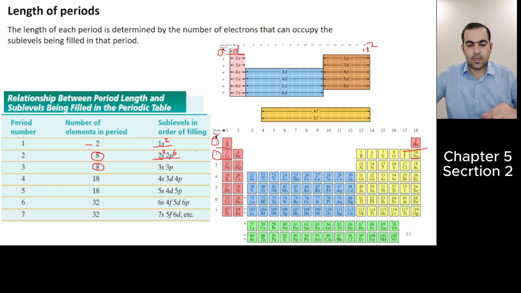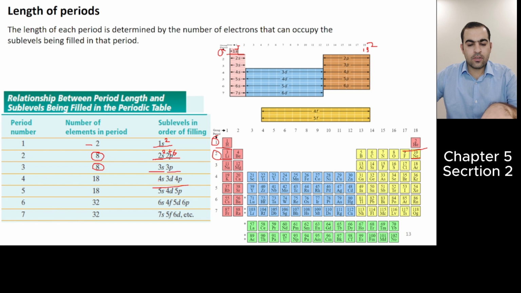In this period, 2s and 2p are going to be filled. We know p can hold 6 electrons. So 2 plus 6, 8. So there are 8 elements. There's a similarity between the sublevels being filled in a period and the number of elements in that period. You can do it for the others. For example, for the 4th energy level, 4s, 3d, 4p are going to be filled. p can hold 6, d 10, s 2 together.